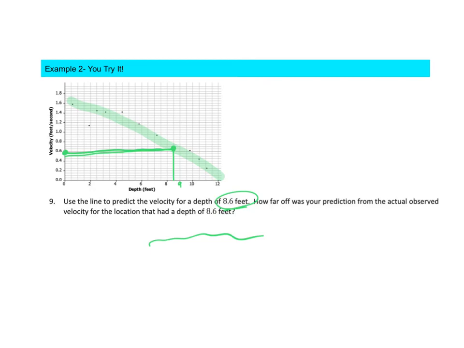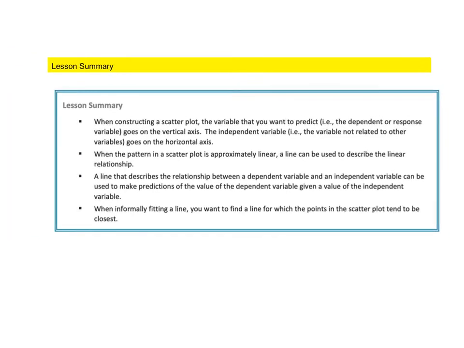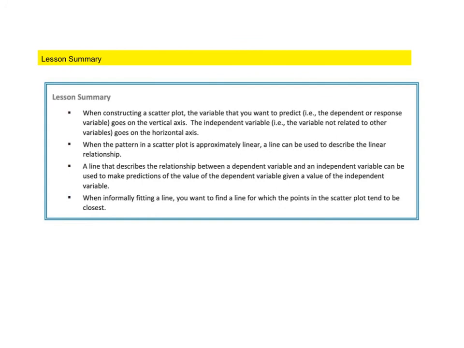And continuing. All right, and that is the end of our lesson for today. So basically, to summarize, when you're constructing a scatter plot, the variable that you want to predict, or the dependent variable, goes on the vertical axis, and the independent variable goes on the x-axis. You guys already know x and y. If you have an x, y table, x is always on your horizontal, y is on your vertical.